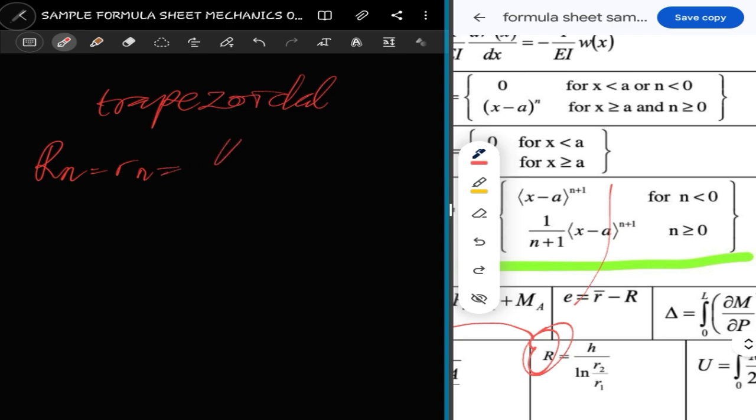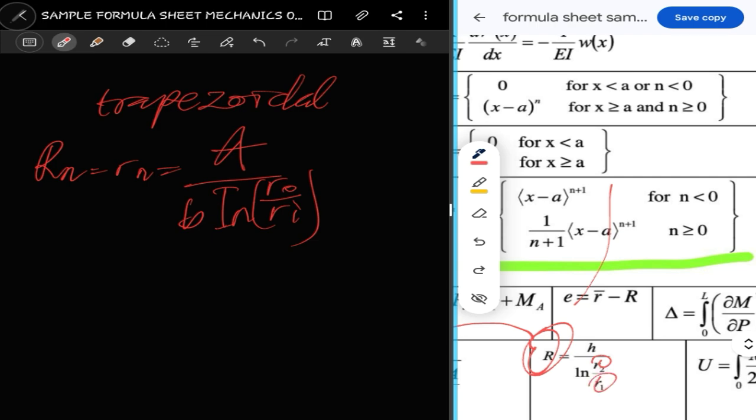We have an A, and then we have a B, and then we have RO, RI, right? This RO here is just the outer, this inner, the same outer inner here, right?